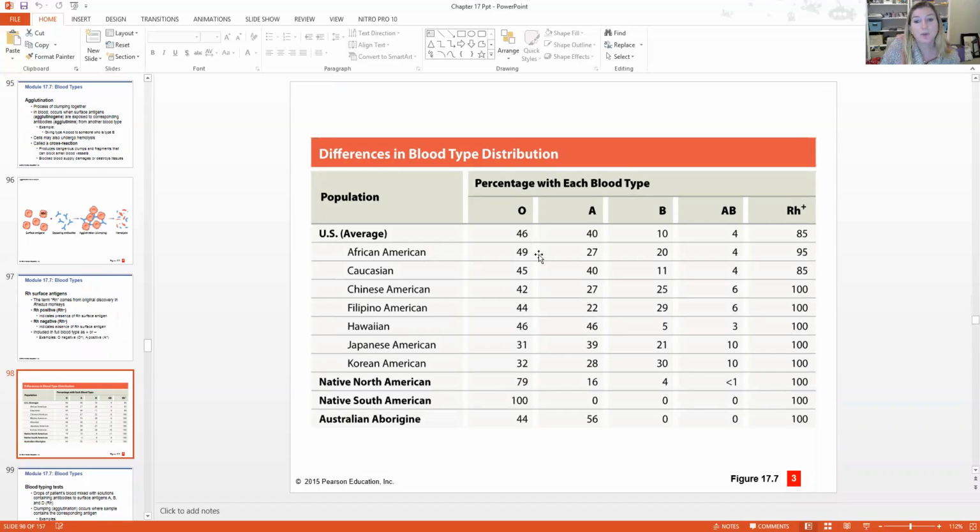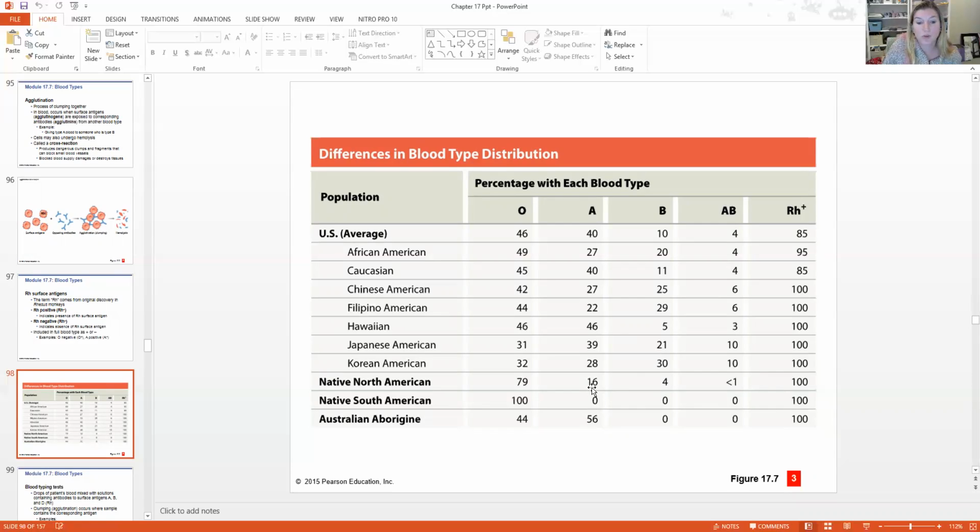But people who have Asian heritage, either Chinese, Filipino, Korean, or Japanese, tend to have a higher occurrence of AB blood. AB blood is the rarest in the world, but people of Asian descent are more likely to have AB blood. Likewise with type A blood and type B blood, it's more common in different lineages.